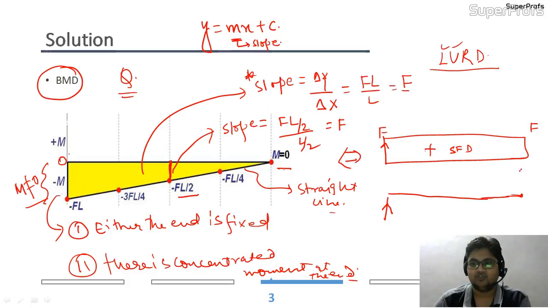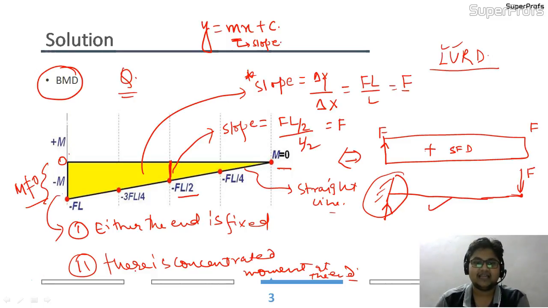It means that a force must be acting at this point, and as there is a moment at the other end, it must be a fixed end. So this must be a fixed end. So I have arrived at the result by taking the conclusions from the backward side.